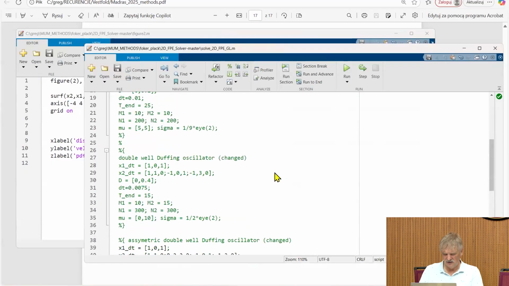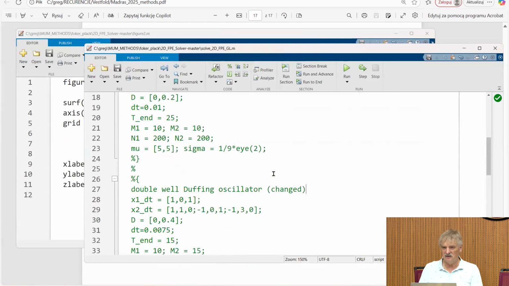And I included, you see that this is called Duffing oscillator.